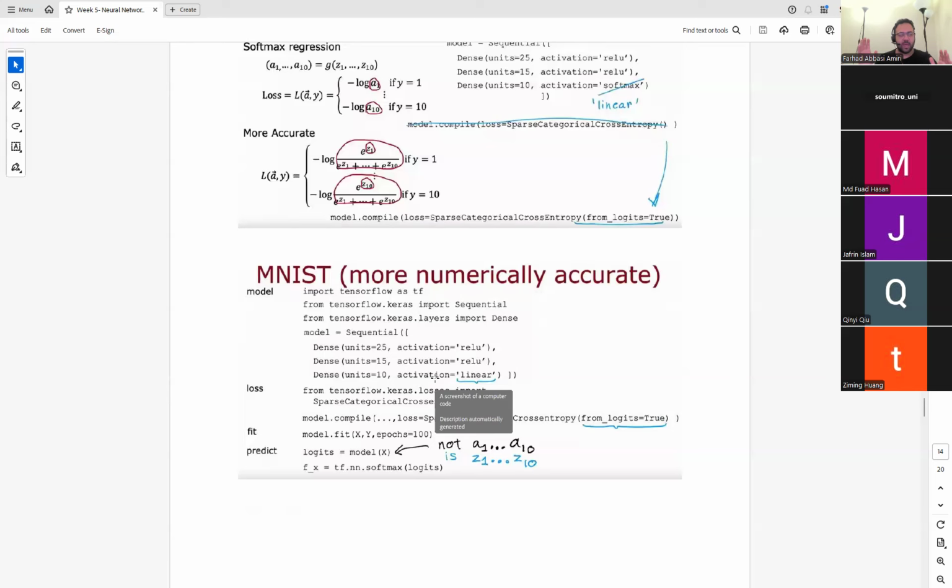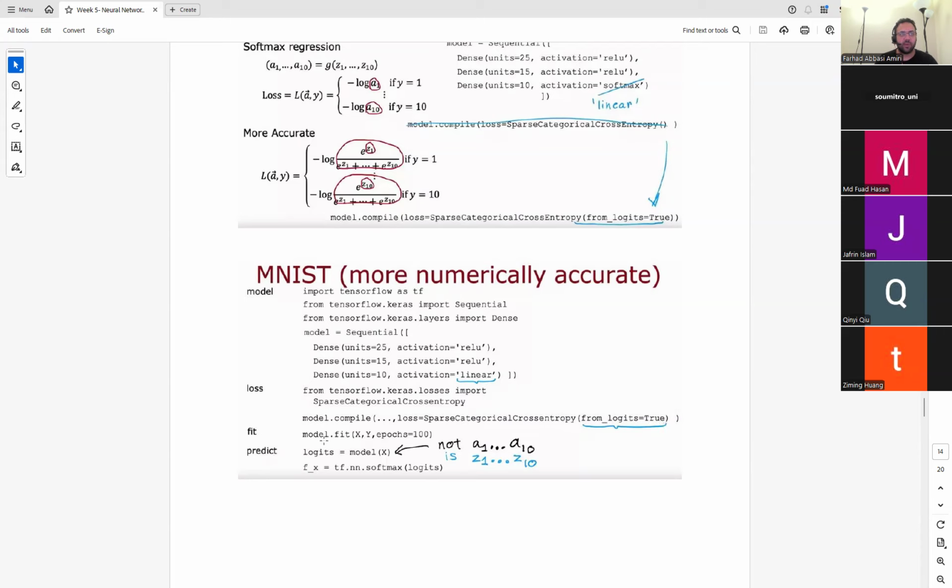But as you remember, to reduce the round-off error, instead of softmax, for now, we put activation equal to linear, and then we call our loss function for the multi-class classification, which is sparse categorical cross entropy. And then we compile our model using this loss function, the sparse categorical cross entropy, but we activate the logits by from_logits equal to True.